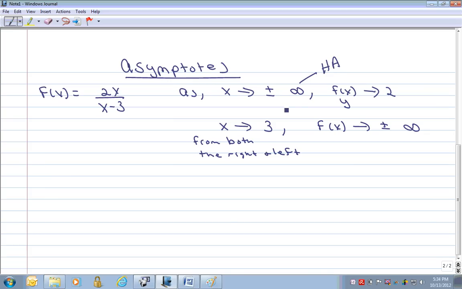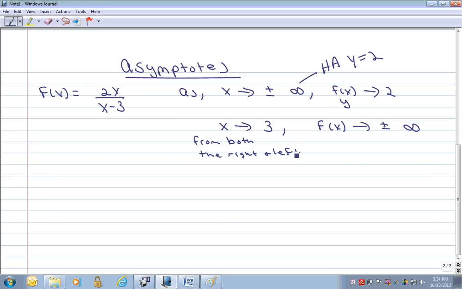As our x values approach positive and negative infinity, our graph actually approached a value close to 2. It got closer and closer to 2. That was the asymptote, and so your horizontal asymptote was y equals 2.